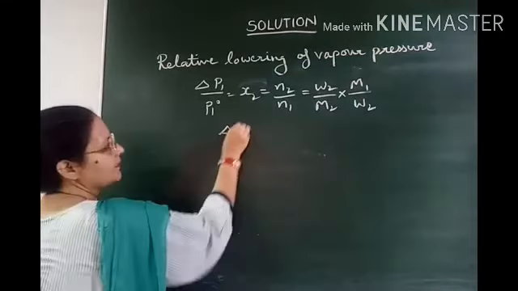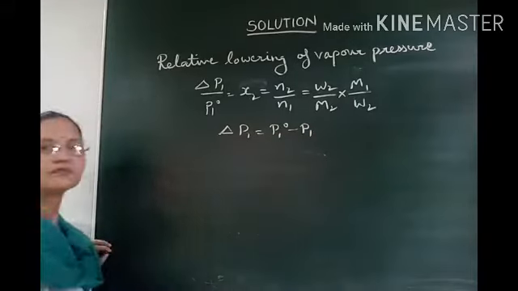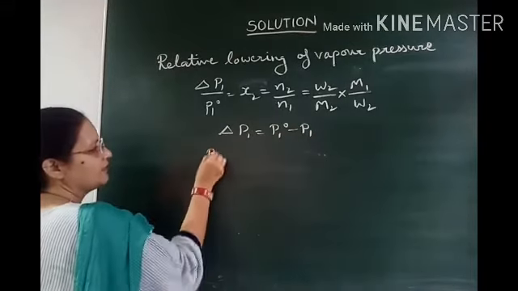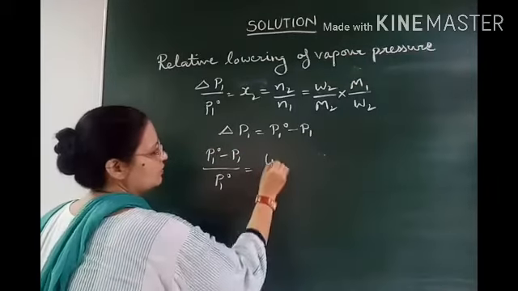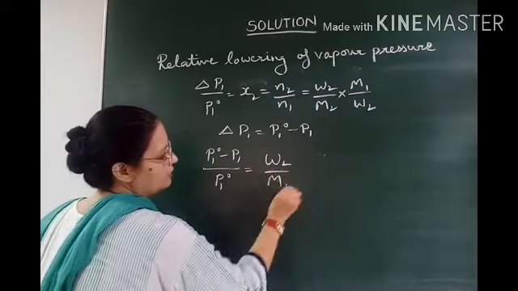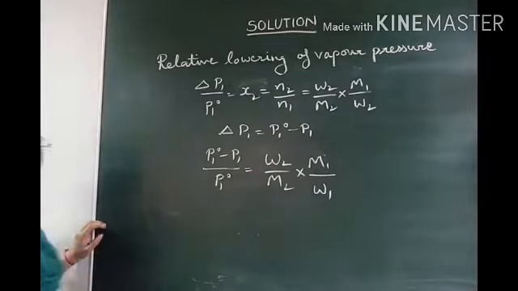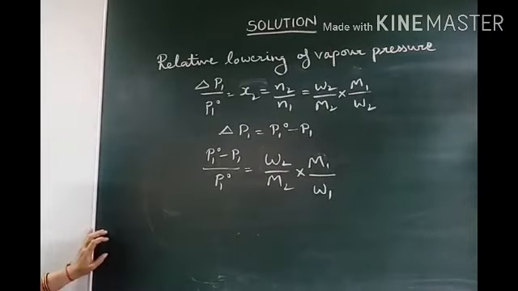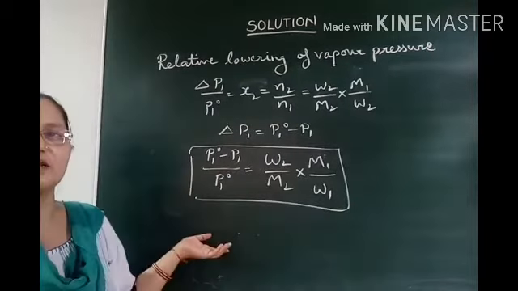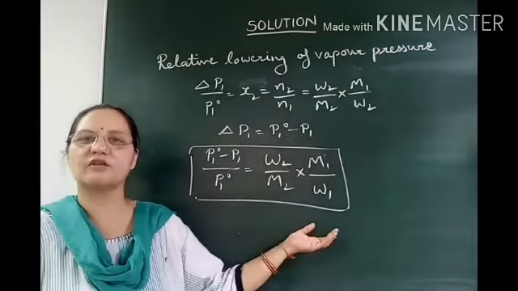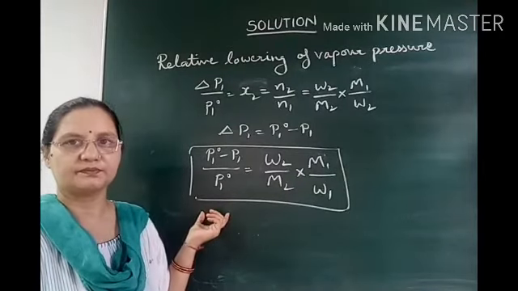As delta P1 is equal to P1 naught minus P1, we can also write (P1 naught minus P1) upon P1 naught is equal to W2 upon M2 multiplied by M1 upon W1. This is the relation between the molar masses of solute and solvent with the relative lowering of vapor pressure.